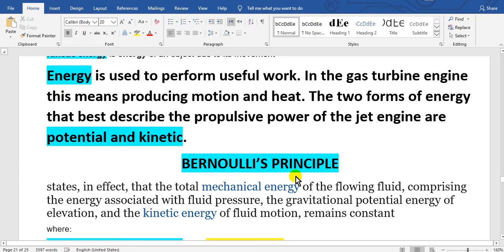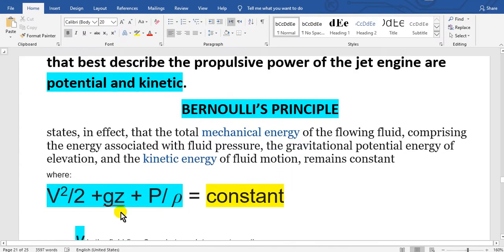Bernoulli Principles. The conclusion of it is the kinetic energy V squared over 2, plus g z, where g means gravity acceleration, z means the height or altitude, plus the pressure over rho. Rho is the density of air.